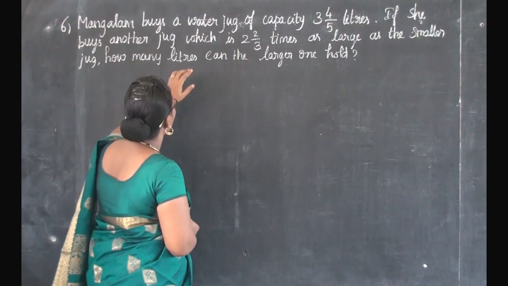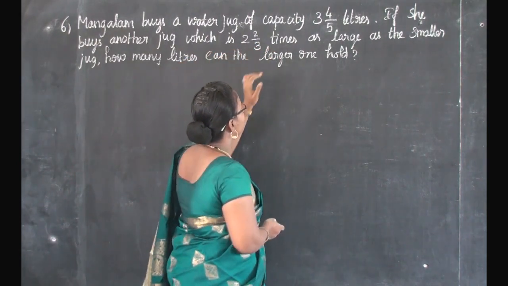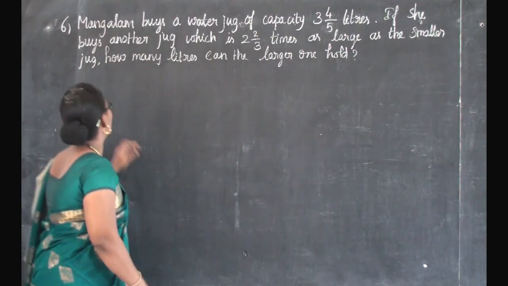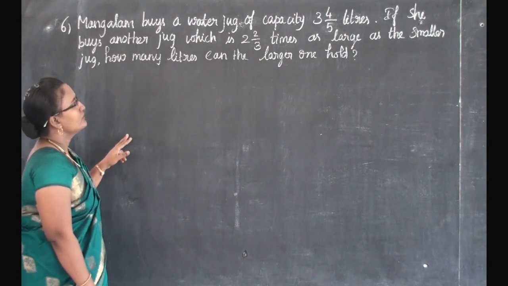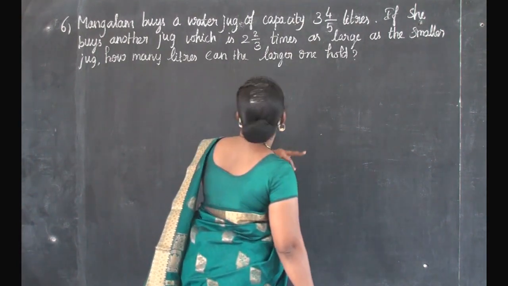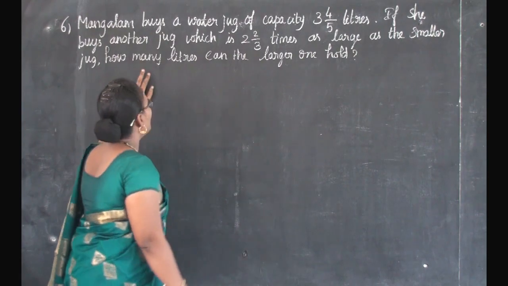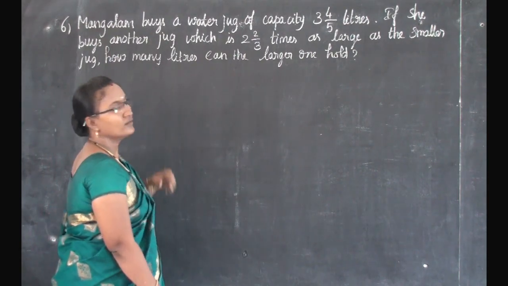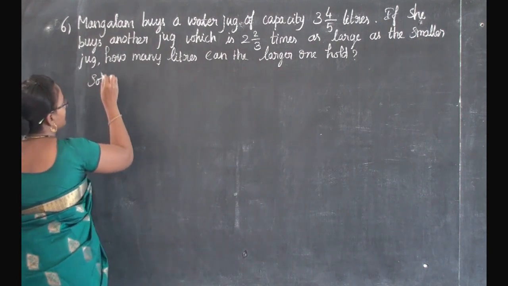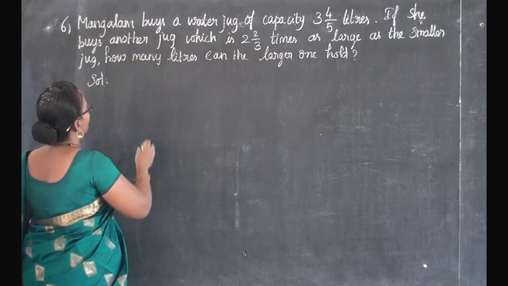This is the sixth one. Mangalam buys a water jug of capacity 3 4 by 5 liters. If she buys another jug which is 2 by 3 times as large as the smaller jug, how many liters can the larger one hold? So first step, she buys a smaller jug.